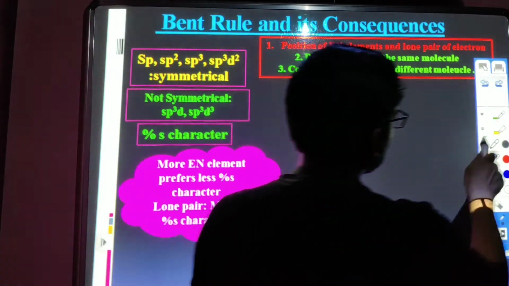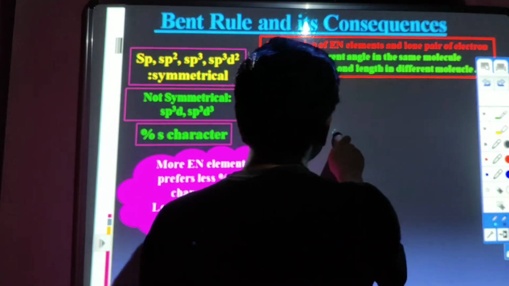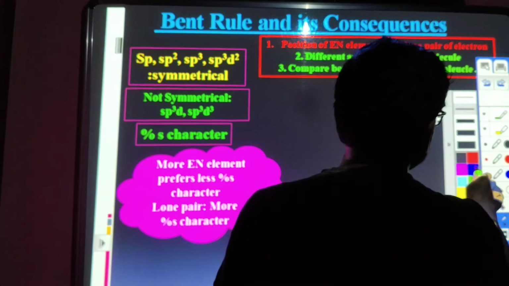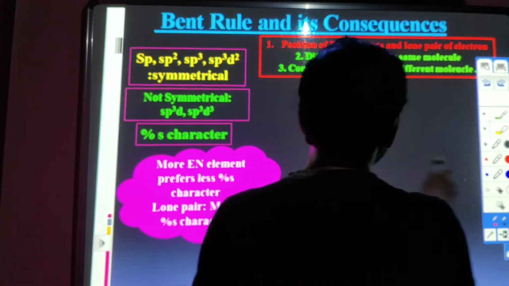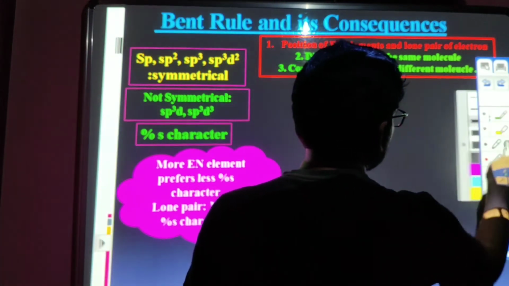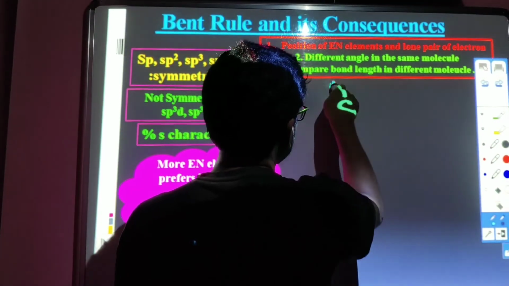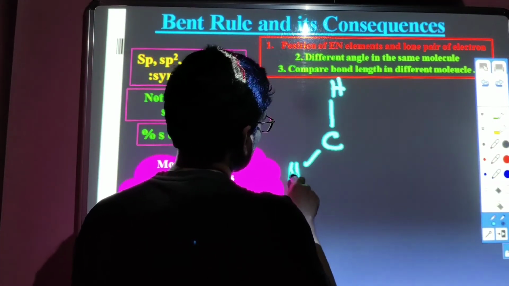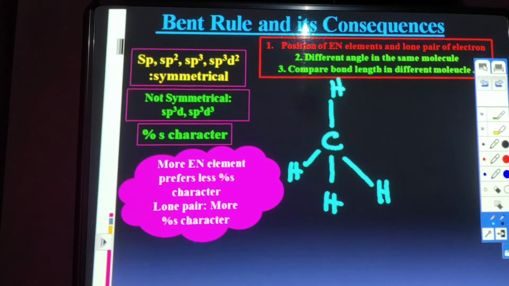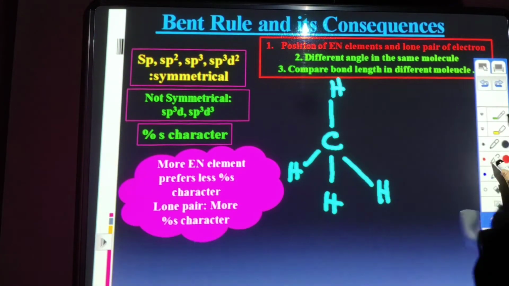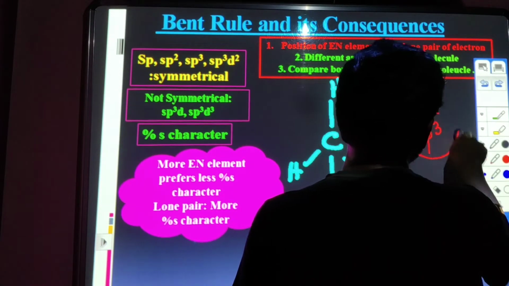See, till now we have the idea that this is a tetrahedral geometry. So this is CH4. Carbon is here, sp3 hybridized.